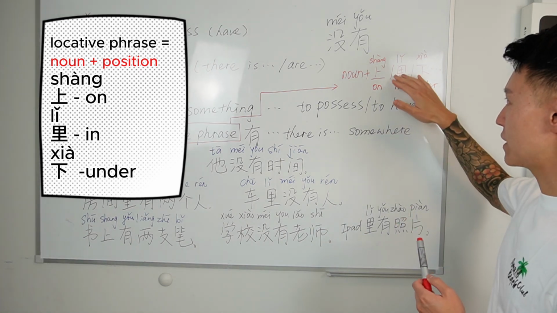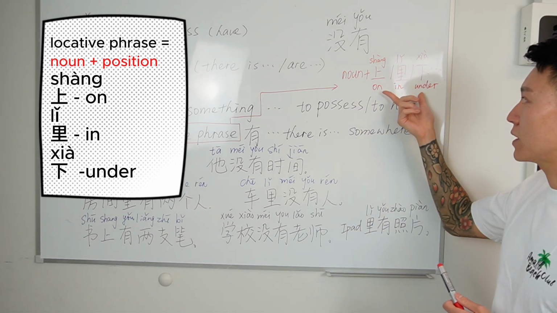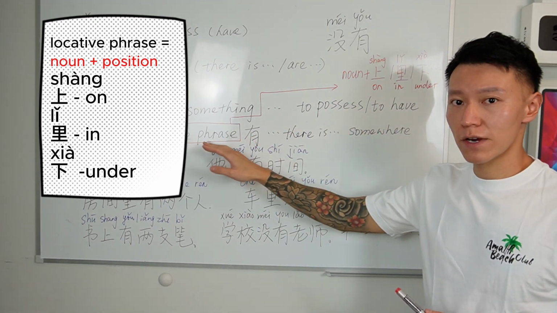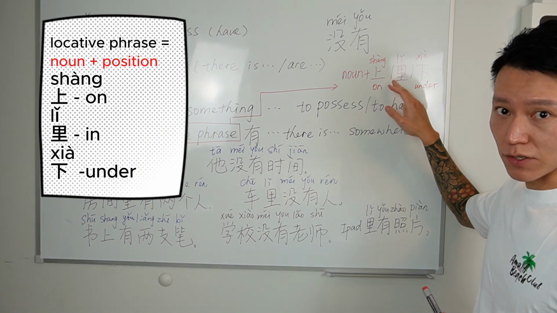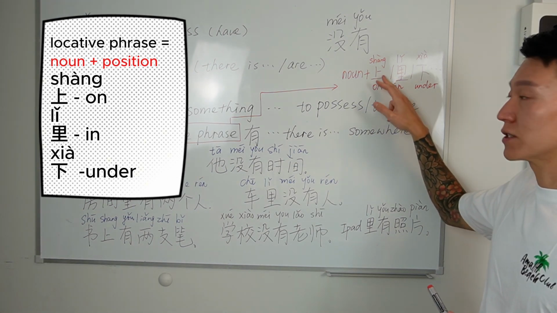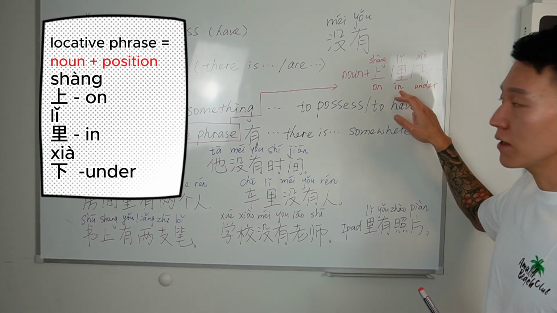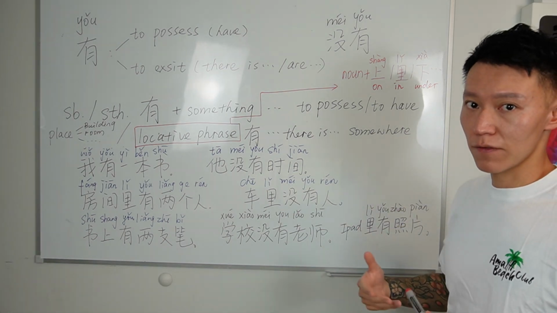And of course we have different words for different positions, but here I only give you 3 of them. Alright? So a locative phrase consists of a noun and a position. This position can be 上, on something, 里, in something, or 下, under something. And we have so many of them.